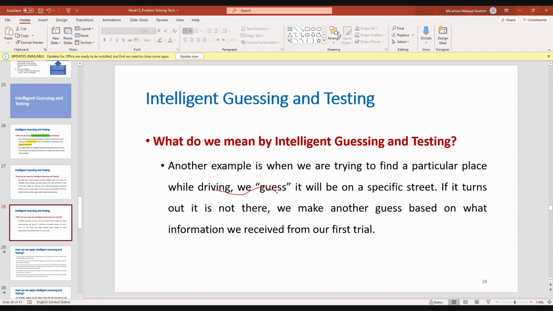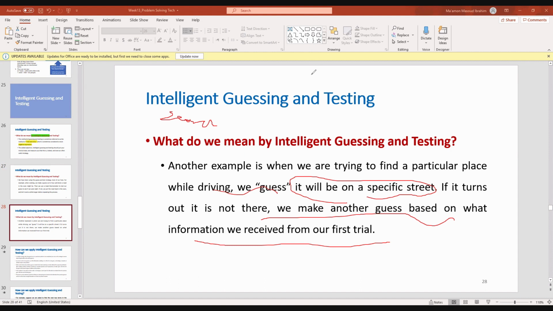So, for example, someone using a bike or a car to reach a specific street may find that it is not the correct street, so he might make another guess and go to another street, and so on. There are a lot of examples in our life for intelligent guessing and testing.